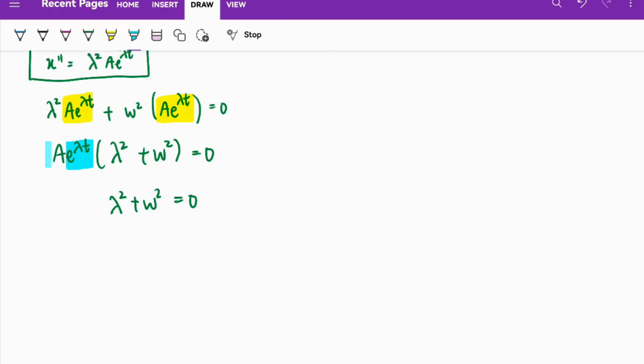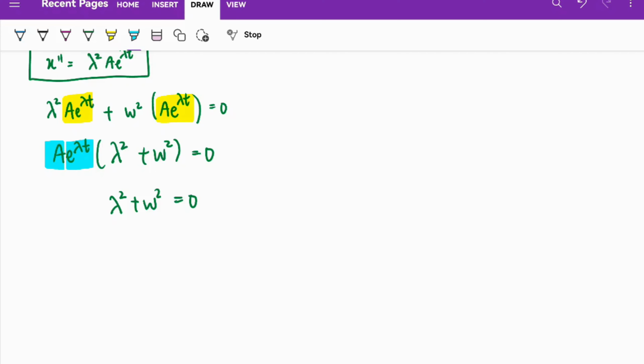And in this case we are not taking A as 0, because I understand there's a possibility of a trivial solution where A is 0. But for this case, solving for the x function, let's take the non-trivial solution instead. It would guide us to get the equation.